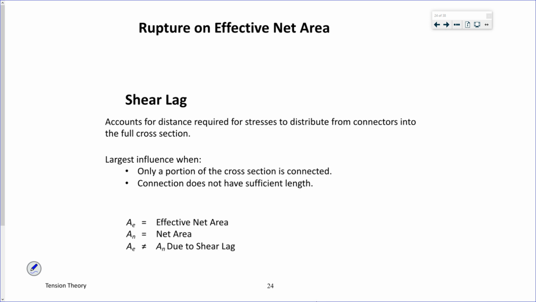So we have a net area that we calculate in which we, right, subtract our bolt holes. And then we need to account for this shear lag and calculate our effective net area.